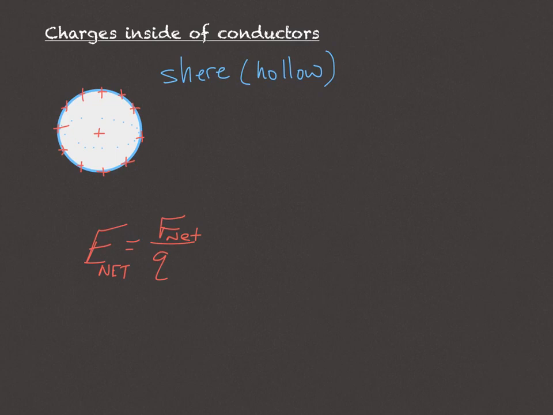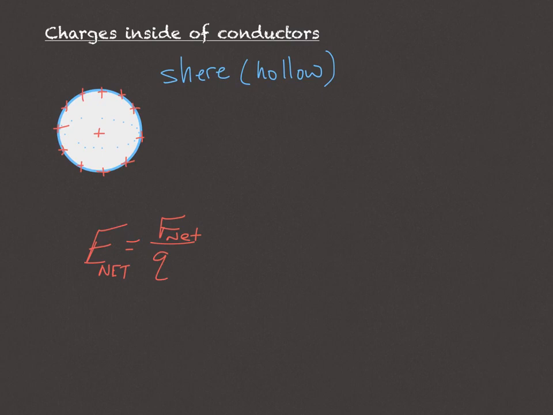So when we have a conductor and the charges end up in that static state, that means that there is no net electric field in the conductor or within the center of the sphere.